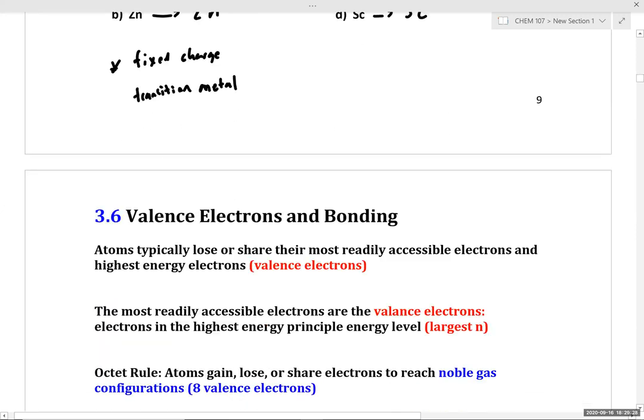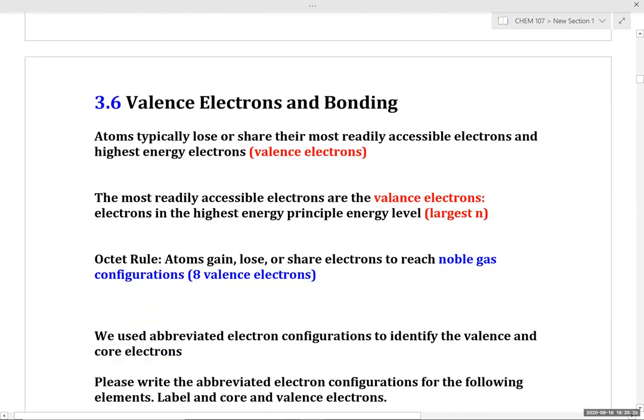Okay, let's keep going and let's talk about valence electrons and bonding. So atoms typically lose or share their most readily accessible electrons and highest energy electrons, otherwise known as the valence electrons.